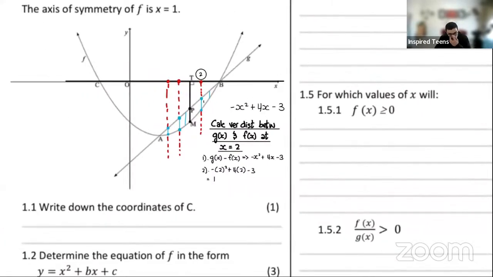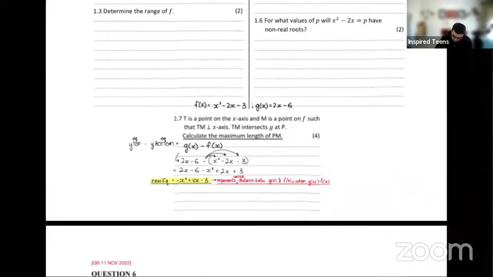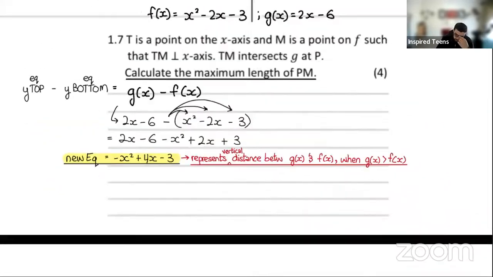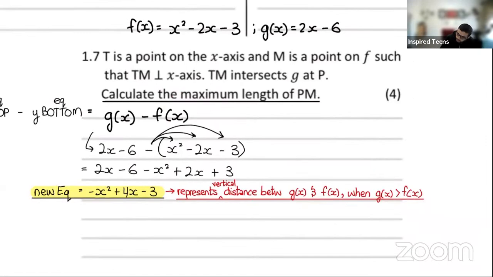Okay, but that's calculating the vertical distance between two of the graphs at a particular x coordinate, right? But now here we are talking specifically about maximum. Now, remember I told you maximum is the y turning point. So the max distance would be found by the actual y turning point coordinate.